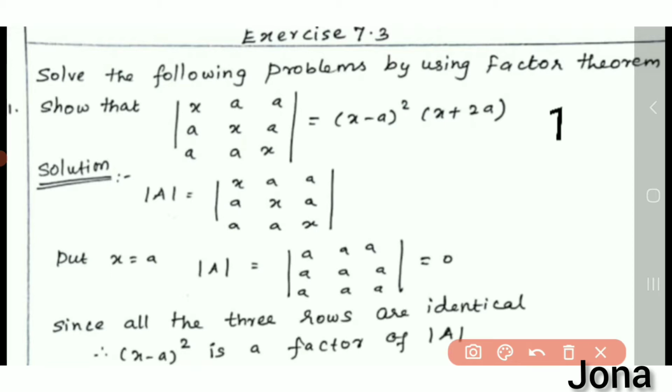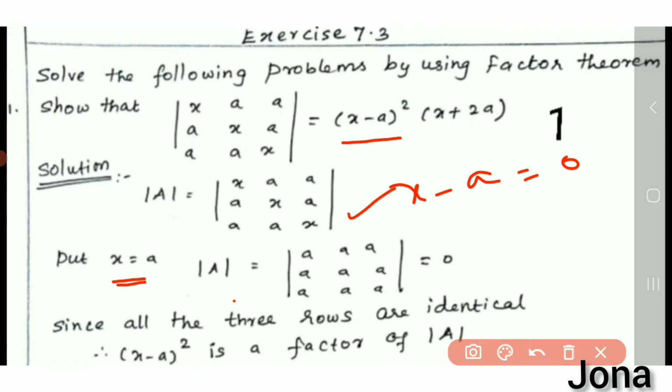The same thing we are going to follow here. Here we have (x minus a) the whole square. Let me take this factor now: x minus a, let x minus a equal to 0. If x minus a equals 0, we can say x equals a. So put x equal to a in the given determinant.